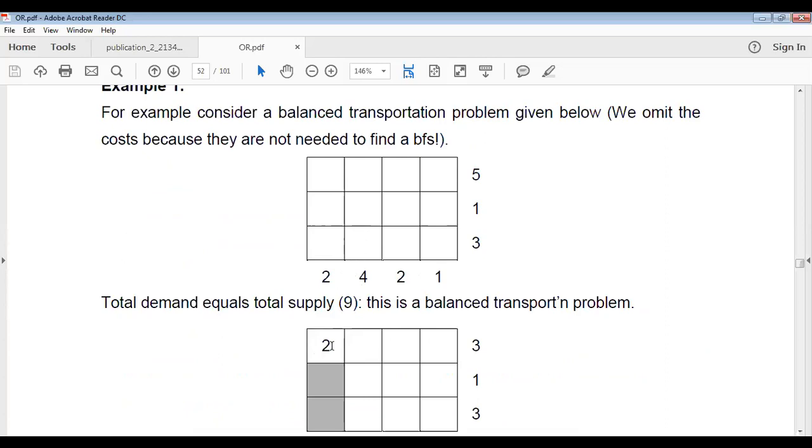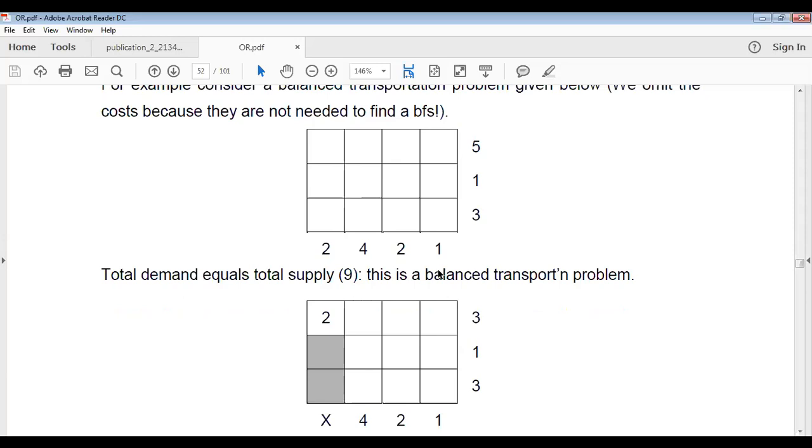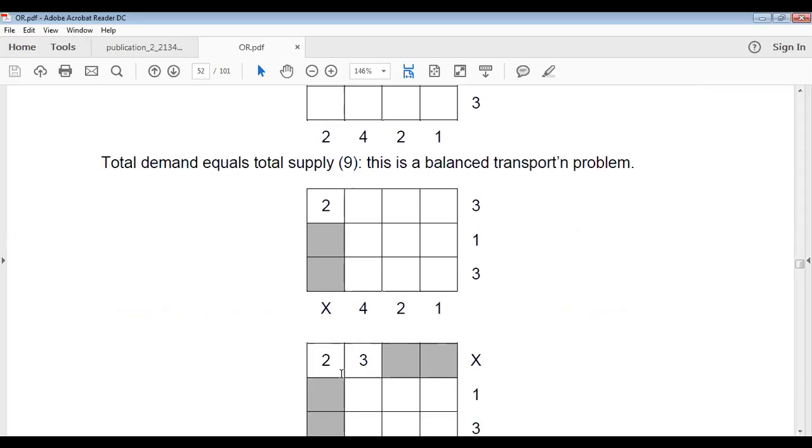He has started. He has allocated the first corner, that is 1 1, allocated 2, and vertically it is balanced. Automatically, if you add 3 here, horizontally it is also balanced. Next after that 2 3 is balanced. After 2 3 is over, if you allocate 3, what is left out?